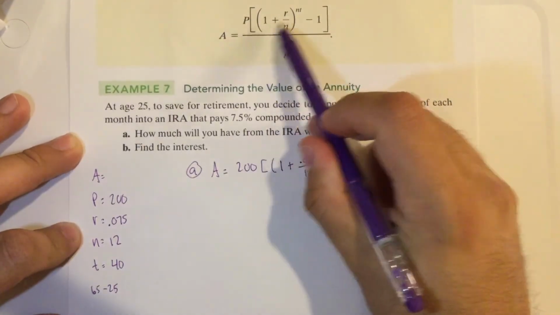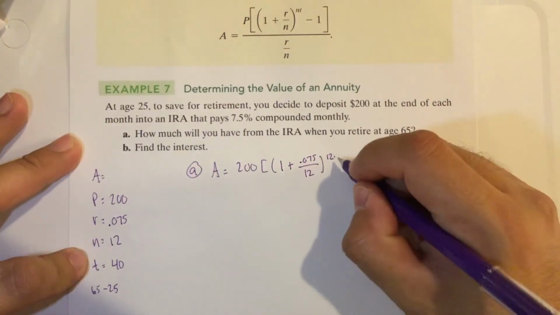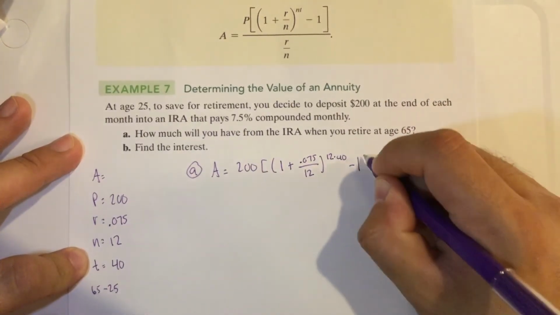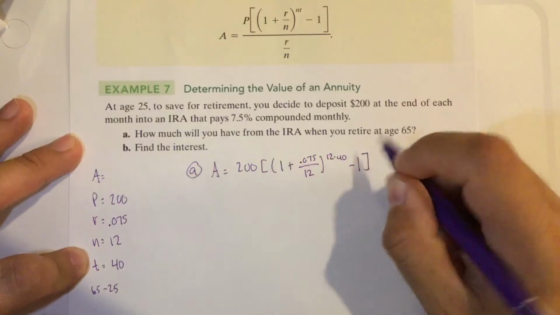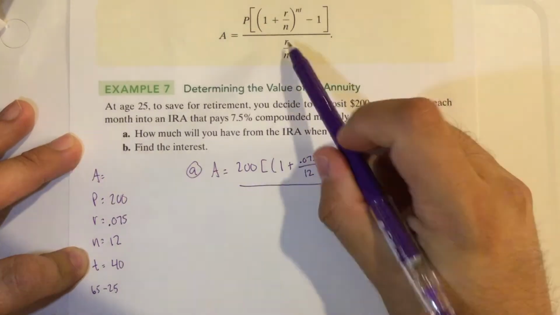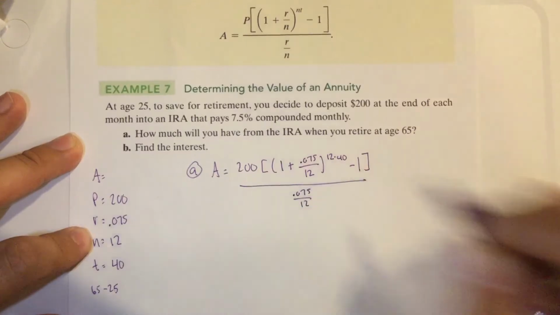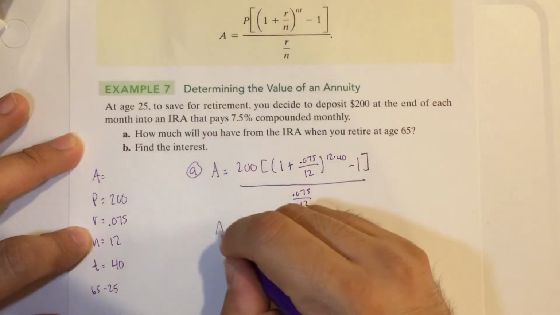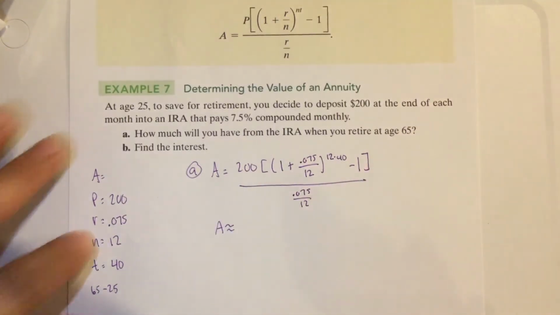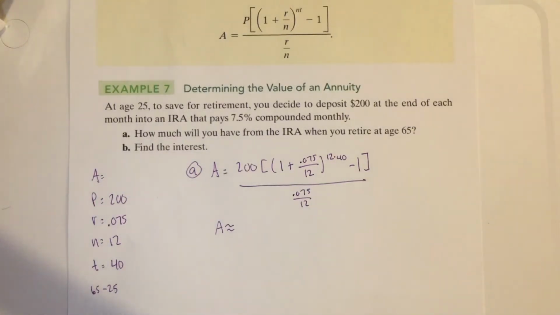So notice I'm just plugging into this formula here. T is 40, minus 1, bracket, all divided by r divided by n, so 0.075 divided by 12. Now we're going to just take this and plug it into the formula. So the way I'm going to do that is here.